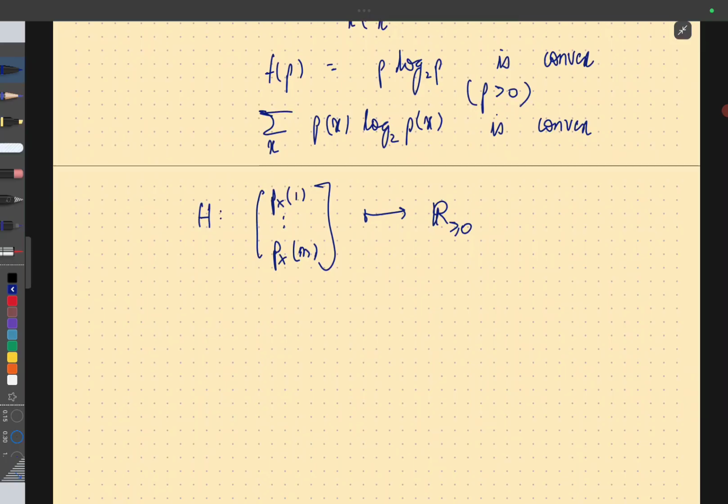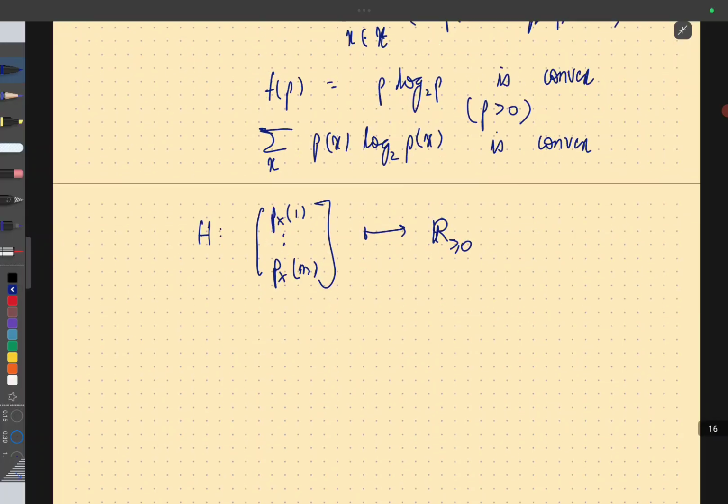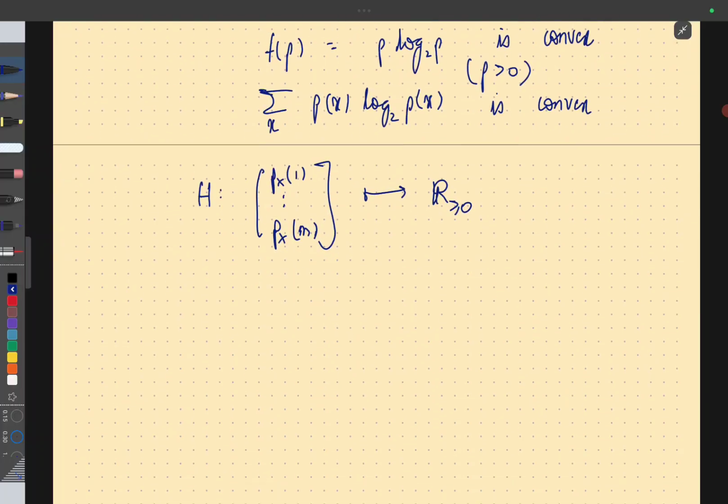Since it's a concave function, it's going to be maximized at some particular point. If there is a maximum, there's a unique maximum. How do you find the maximum of the entropy function? Take the derivative and equate it to 0.